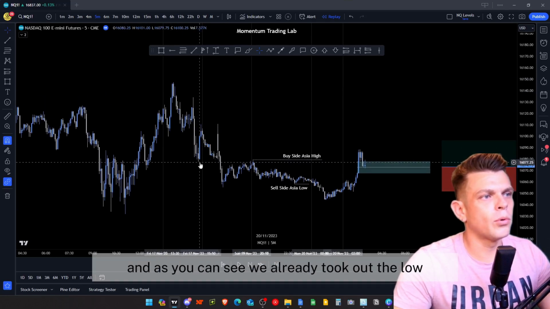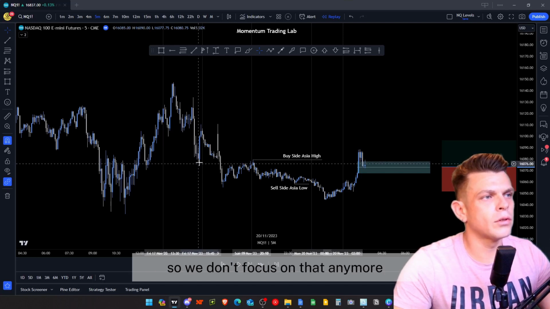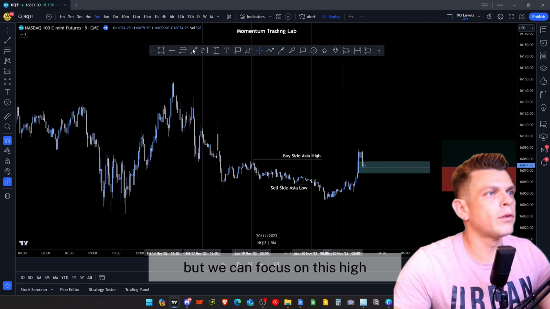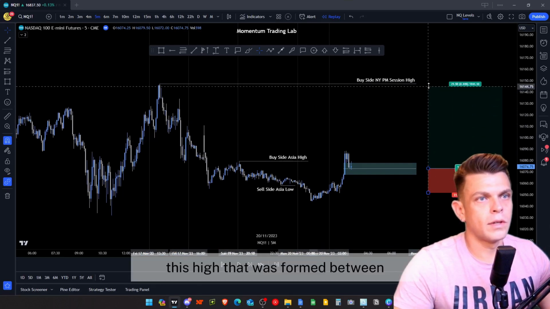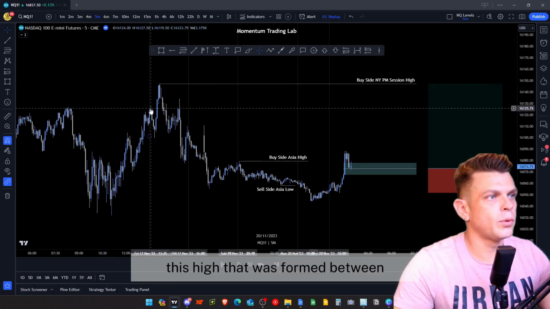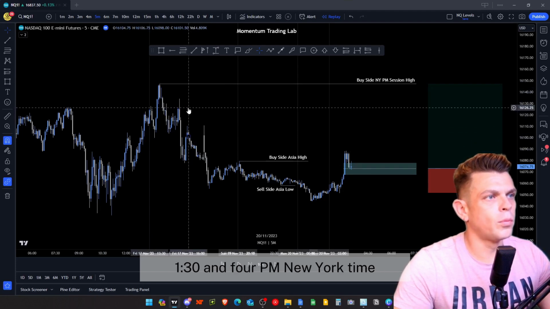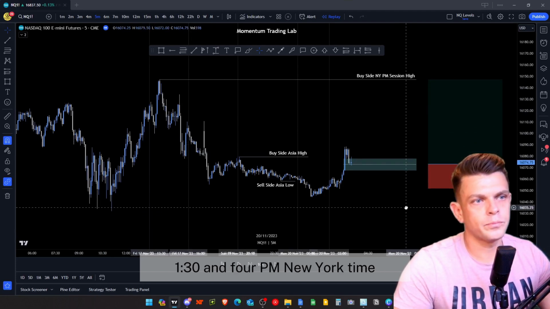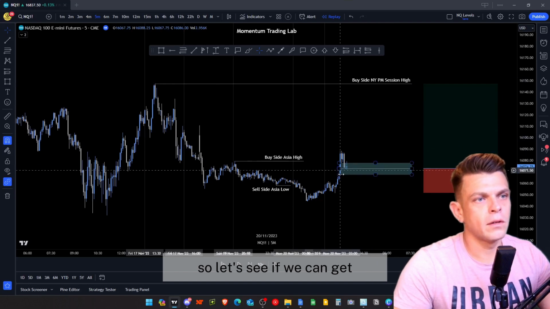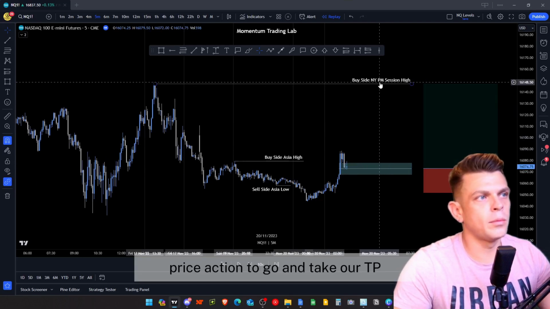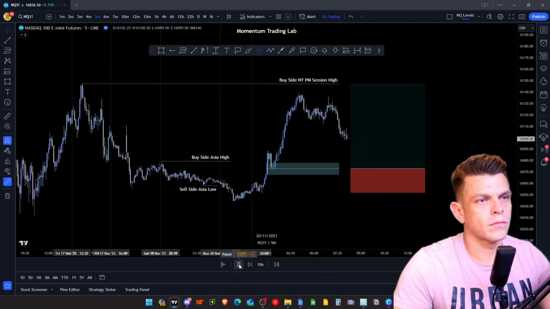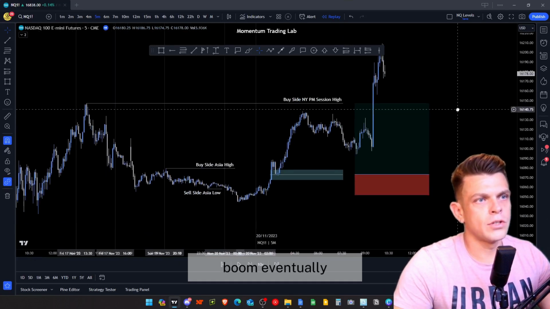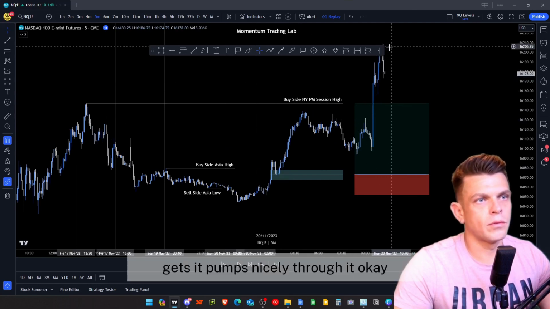As you can see, we already took out the low, so we don't focus on that anymore, but we can focus on this high that was formed between 1:30 and 4 p.m. New York time. So let's see if we can get price action to go and take our TP at the liquidity right there. Boom, eventually it gets it, pumps nicely through it.